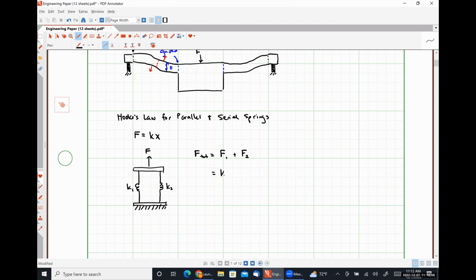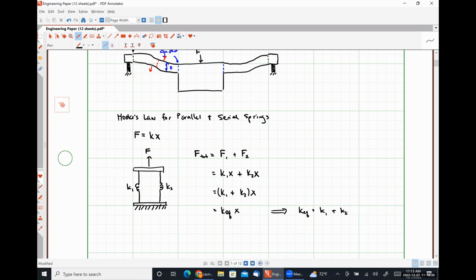Using Hooke's law, we can write this as K1x plus K2x, or K1 plus K2 quantity multiplied by X, which could be written as the equivalent spring constant KEQ times the common spring deflection or spring displacement X, which in turn tells us then that our equivalent spring constant is simply K1 plus K2.